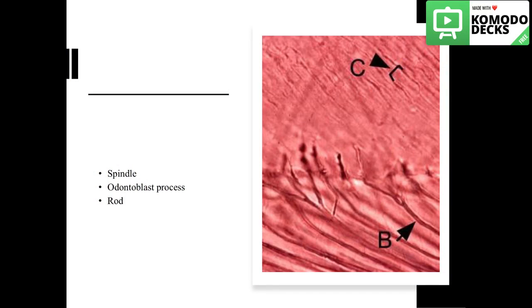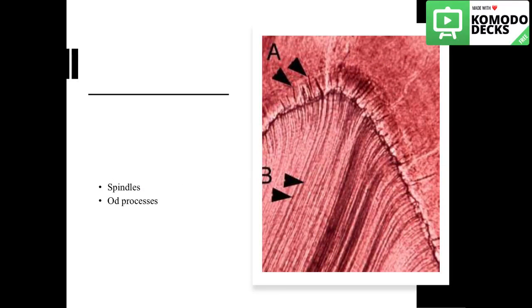As we can see here, they are continuous with the dentine, the odontoblastic processes in the dentine. Again, they look like the processes in the dentine in color and shape.